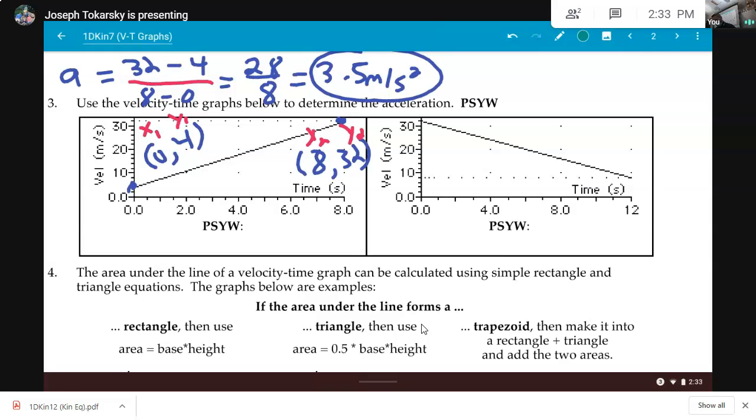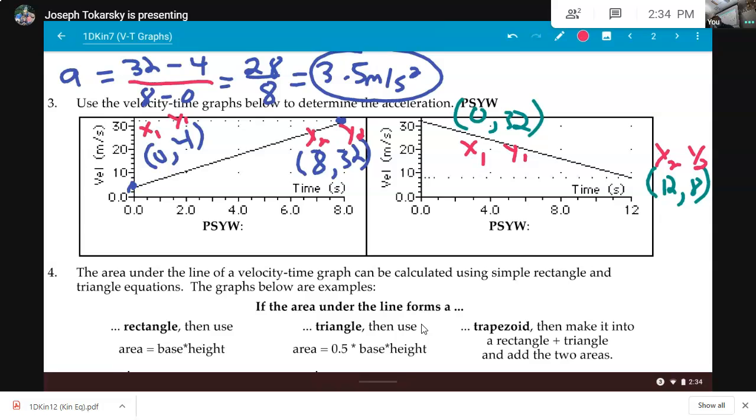Basically just doing the same thing with the second one. So this point down here looks like 12-second marks at 8 meters per second. This point over here looks like 0 for the time, and 32 here is definitely going to come out a negative number because it's downhill, right? So again, if it helps you, label them x1, y1, x2, y2.